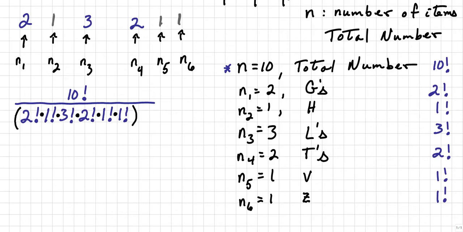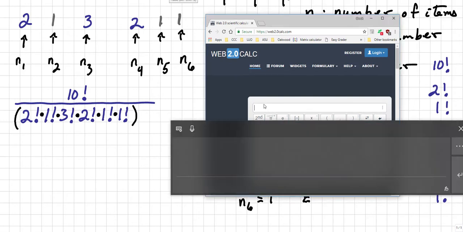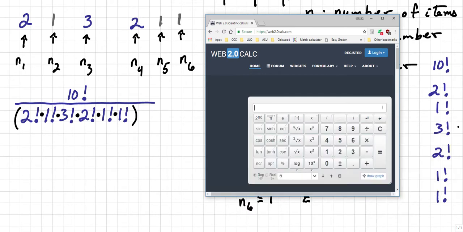So we'll type in 10 factorial. Now there is no factorial key on this particular calculator, but what you can do is use the exclamation key, i.e. shift numeral 1 on your keyboard. So I type in 10, shift 1, and you'll see that it types in the exclamation key.